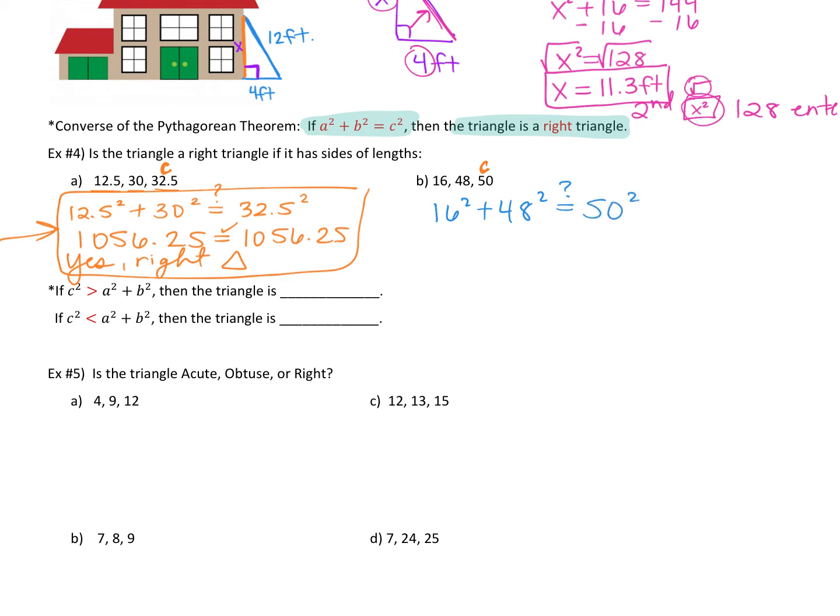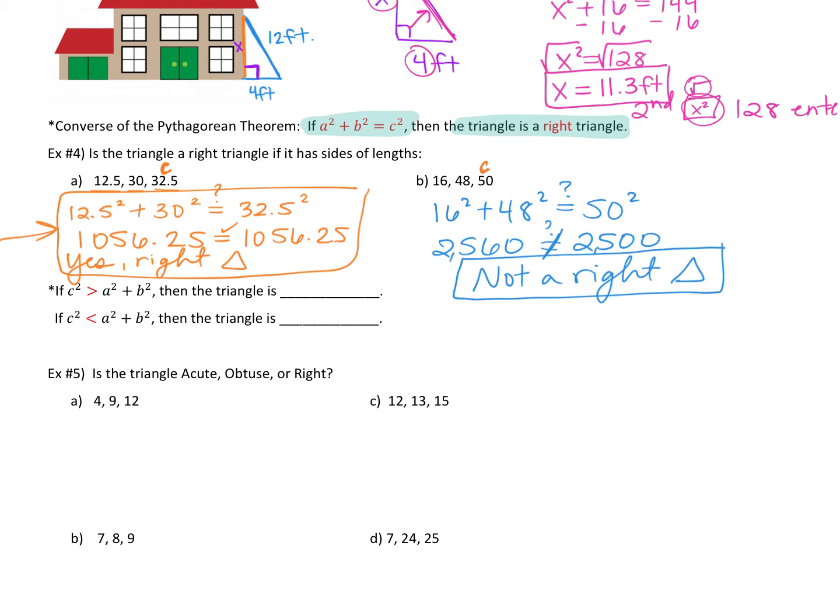Okay, so plug that into your calculator. 16 squared plus 48 squared is 2,560. Does that equal 50 squared? So plug in 50 squared in your calculator and you get 2,500. Okay, because those are not equal, we would say this is not a right triangle.